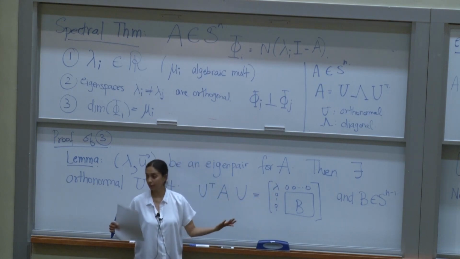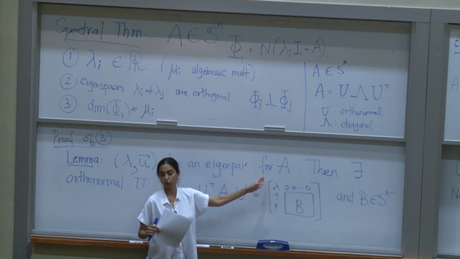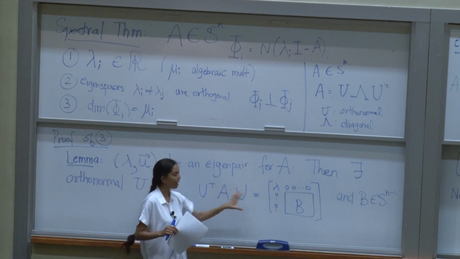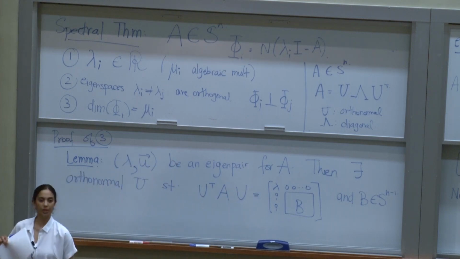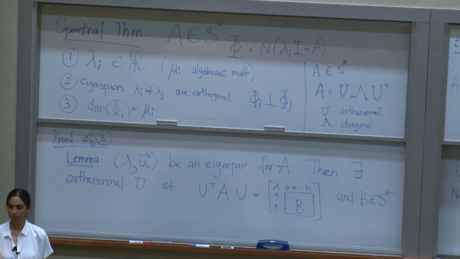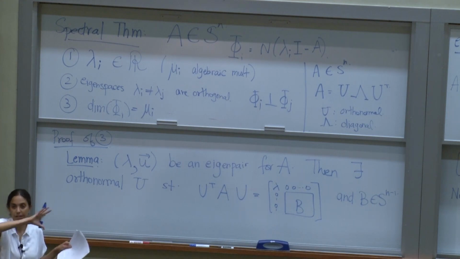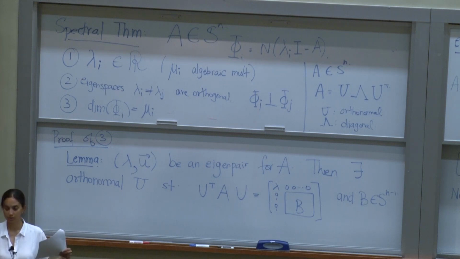Or it's not an eigenvalue for B, in which case it has just algebraic and geometric multiplicity 1 itself. So by having this decomposition, I'm setting myself up for an induction-based proof. Does everyone see that we're trying to decompose the problem into this smaller thing? Yeah? Good.